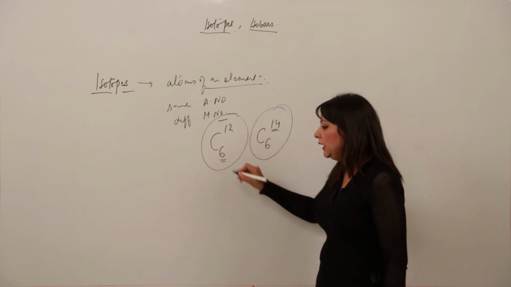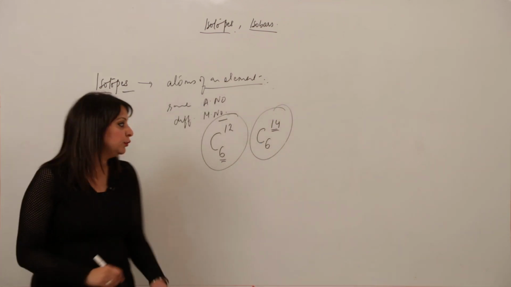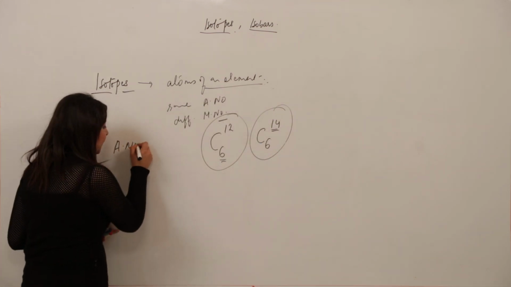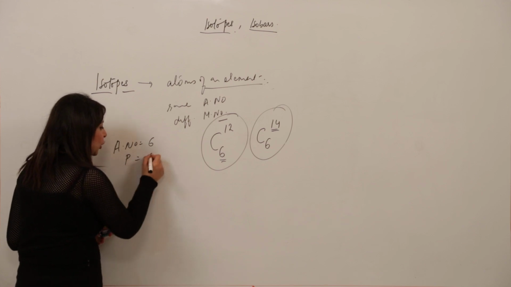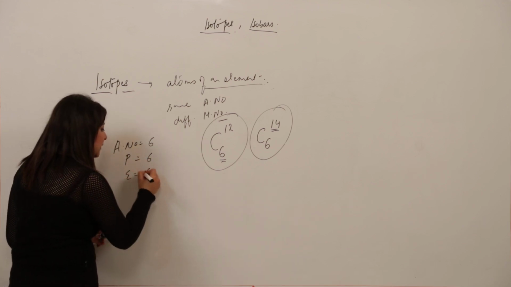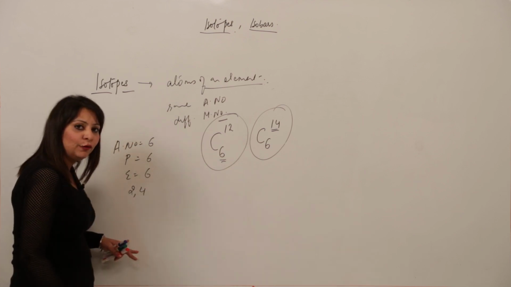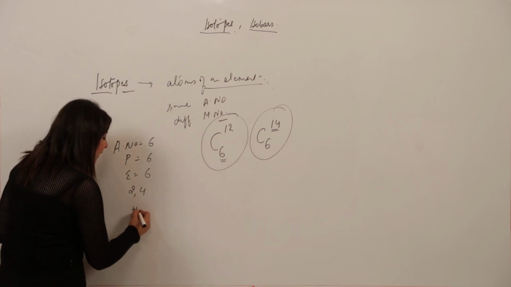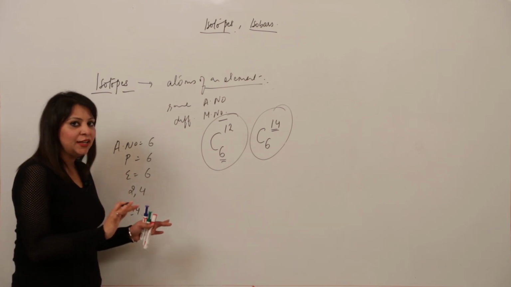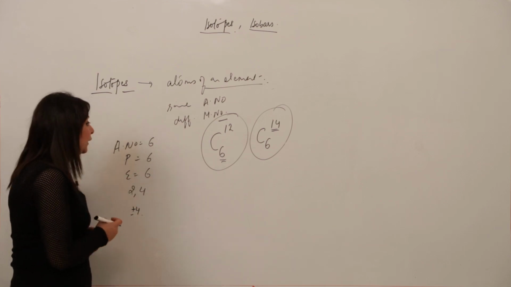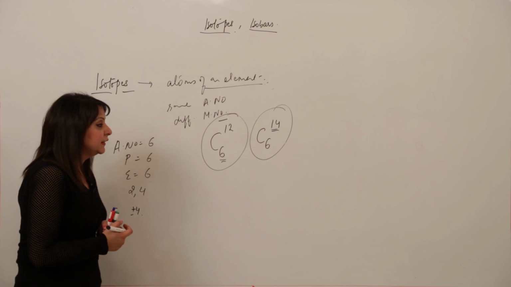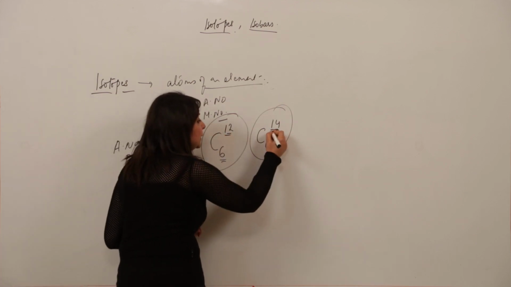Atomic number is 6, that means the number of protons is 6 and the number of electrons is 6. Both atoms will have the same configuration, 2 and 4, the same valency, everything is going to be the same, right? Then where does the difference lie? The difference lies in the mass number.